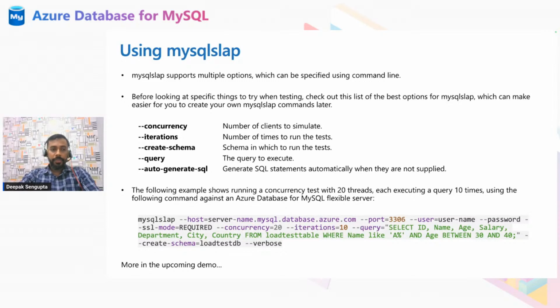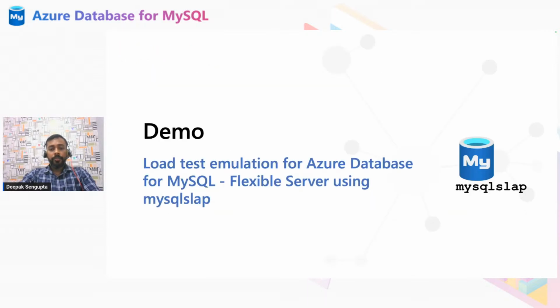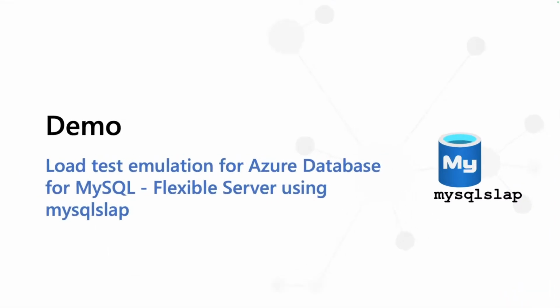That's why I have specified create schema equals load test database. So this is an existing database. Okay, with this, let's move on to the demo video wherein I'll explain how things work.